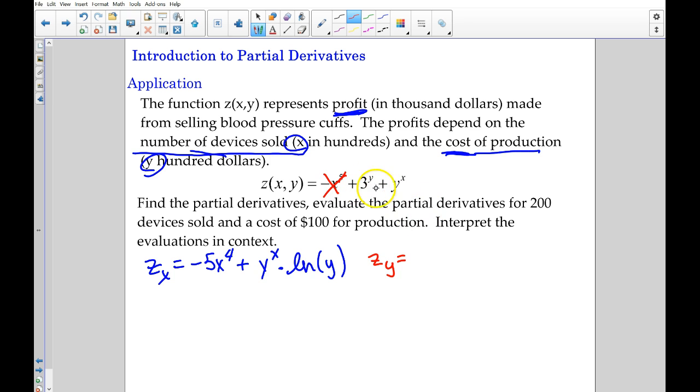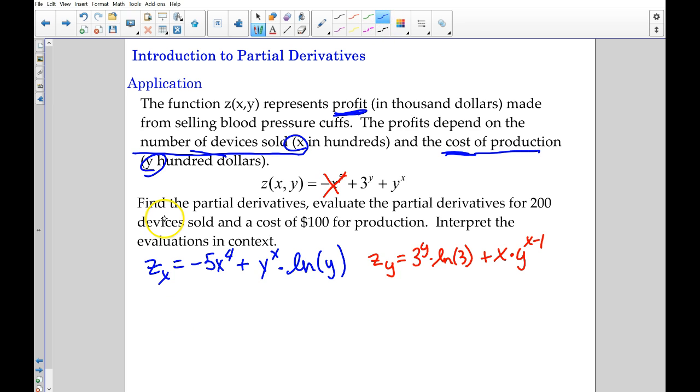Here this is exponential, so this is going to be 3 to the y times natural log of 3, plus, and now this is a power function, so it'll be x times y to the x minus 1. Maybe go over that a couple of times if that part was confusing, which is okay.